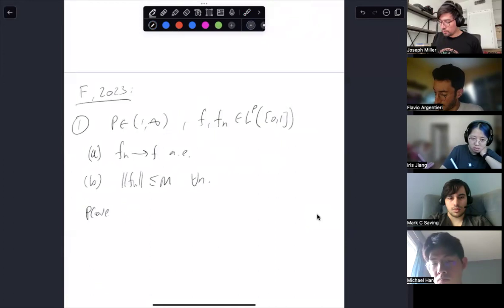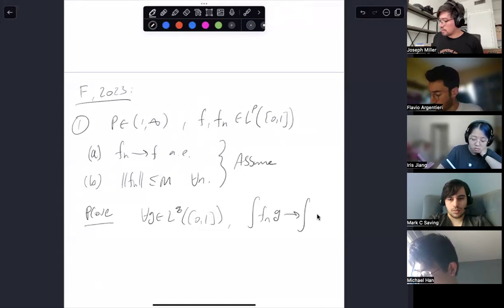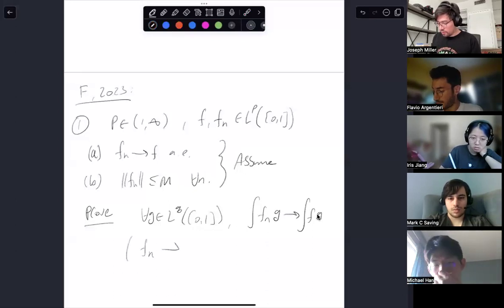So these are assumptions. Prove for every g in LQ, the dual exponent to p, that I have a weak convergence. So these guys converge. This is often written as fn converges weakly to f in LP.